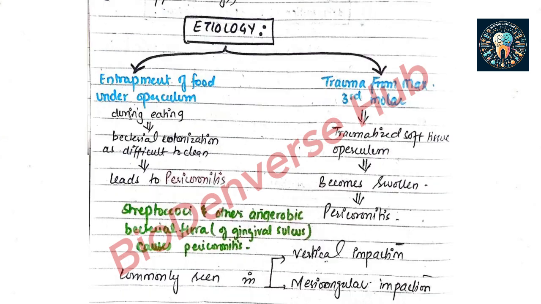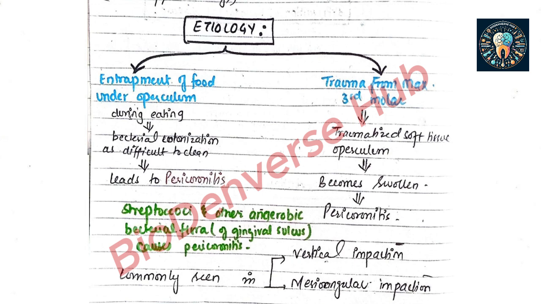So now we will be discussing the etiology of pericoronitis. First of all, entrapment of food under the operculum during eating can occur, which will lead to bacterial colonization, as that area is very difficult to clean. So it will definitely cause bacterial colonization there, which will lead to pericoronitis, that is the inflammation of soft tissue around it.